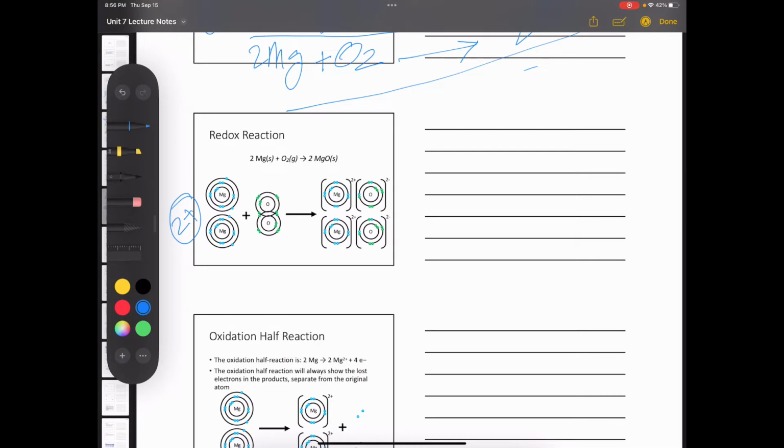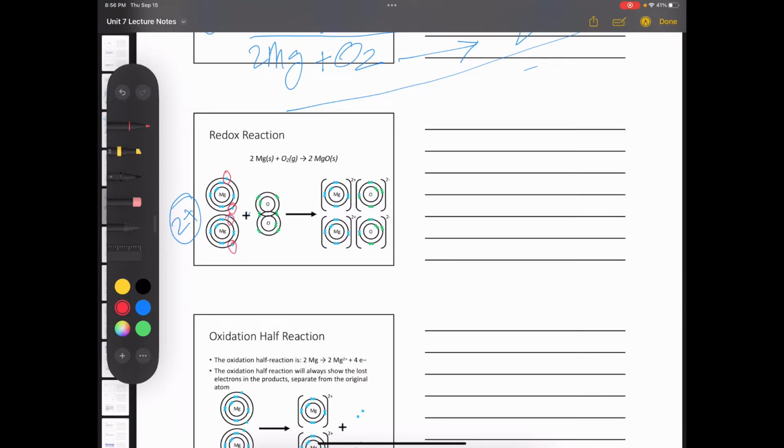Now this is already being achieved in the oxygen molecule by sharing these 2 electrons in the middle. But when we are looking at the oxidation of the magnesium, for example, we see that the 2 electrons on the outer shell are no longer there. We lost these 2 electrons, okay?